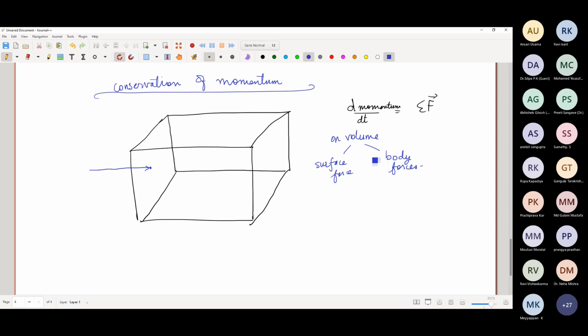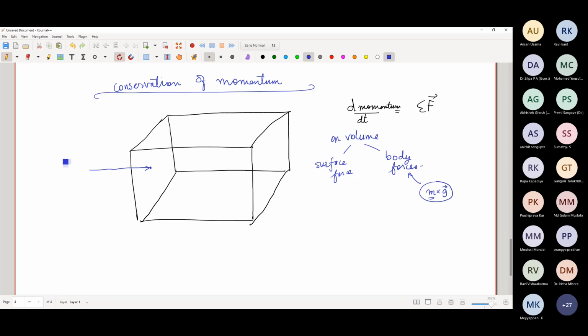So body forces, for example, gravity. The mass of an object times the gravity is a force which depends on the mass of the object. But a surface force is something which is dependent only on the area of the object. So the mass depends on the volume. So body force depends on the volume, but surface forces only depend on the surface.